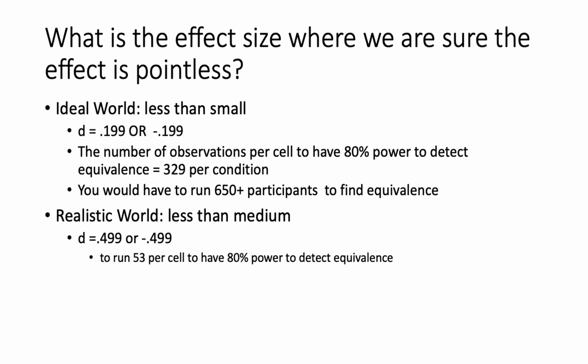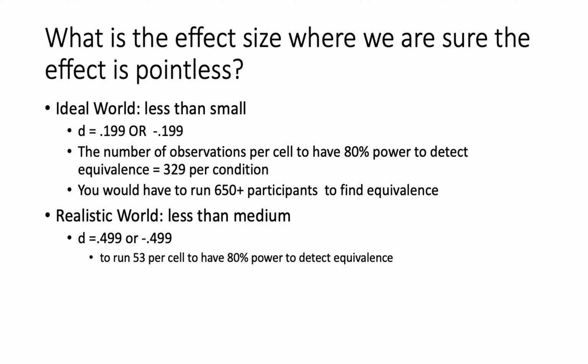So it is best for us as scientists to assume that this negative 0.499 and this positive 0.499, anything that falls in there that's less than medium, is small and is not worth pursuing. Okay? Now, eventually we're going to develop better tests of equivalence, but this one works right now. It's actually a really good test.